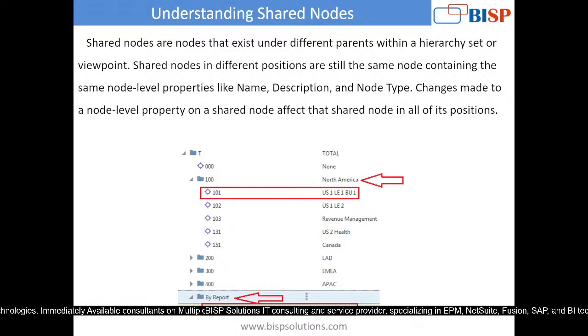As shown on this screen, we have 100 and one child, 101, but we want 101 to come again in the particular viewpoint, and by viewpoint I mean the dimension.